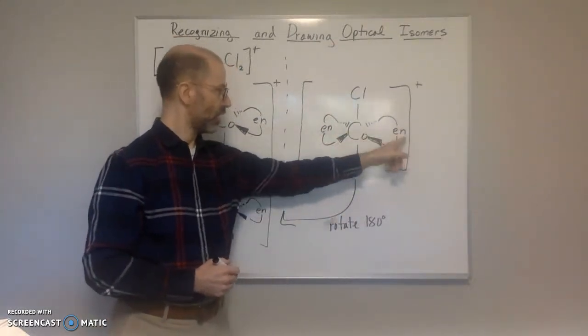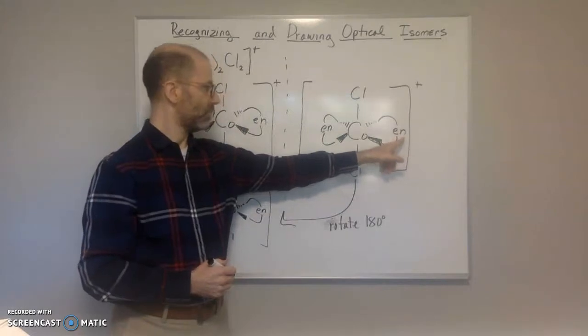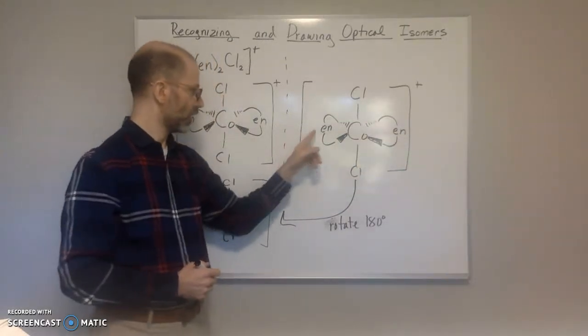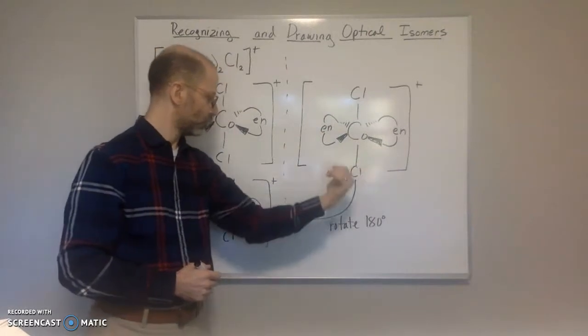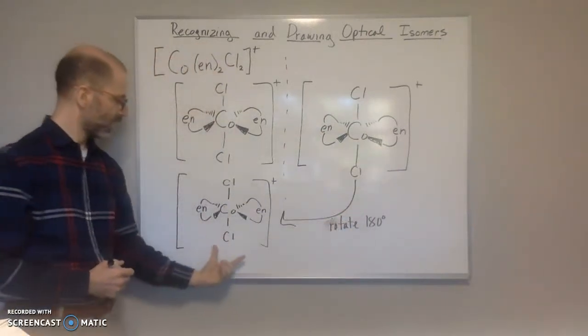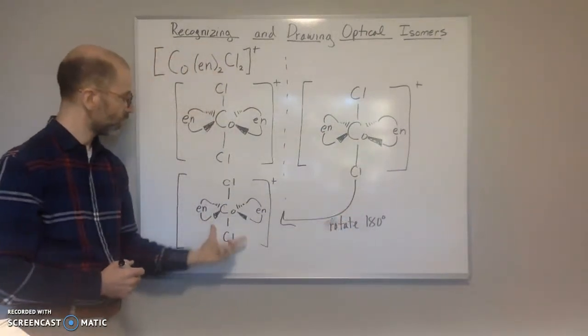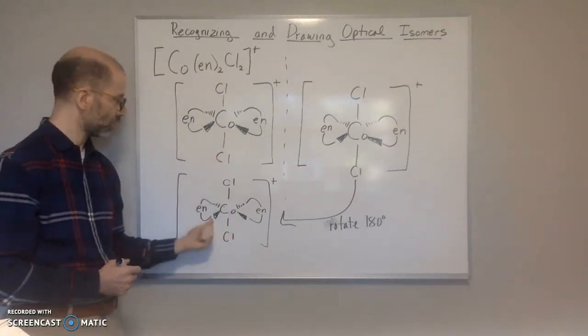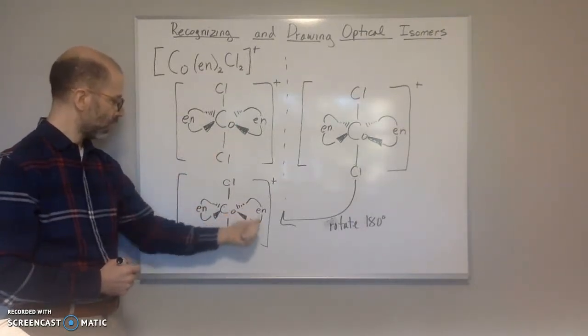So this ethylene diamine will come over here. This one is going to come over there. You rotate it, and here it is. And you'll see that these two are indeed superimposable. They look exactly the same.